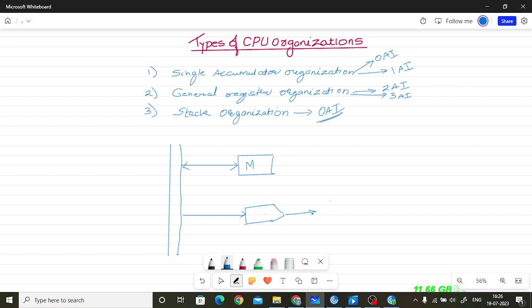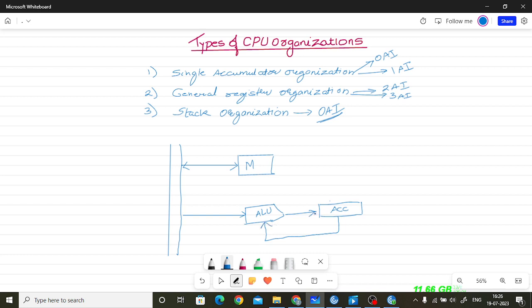To the ALU, an accumulator register is connected. The accumulator register is a register which holds the computation results of the ALU, and it is also a medium to provide inputs to the ALU.